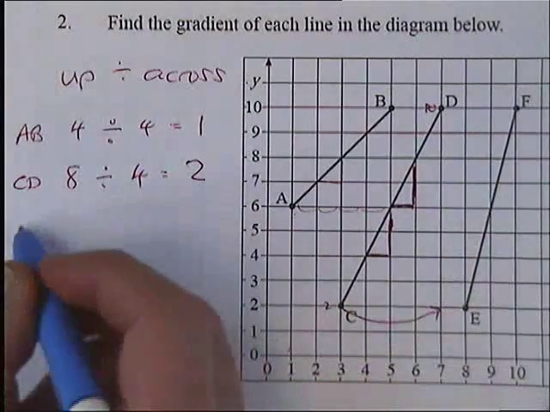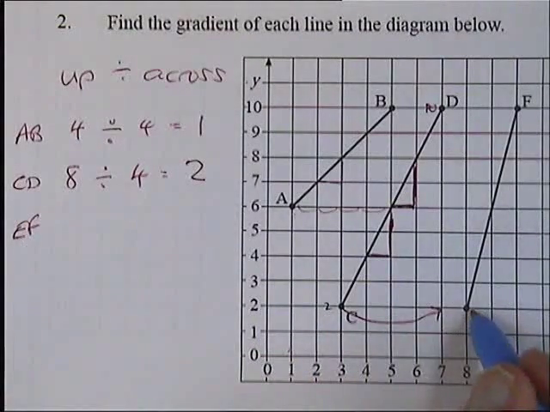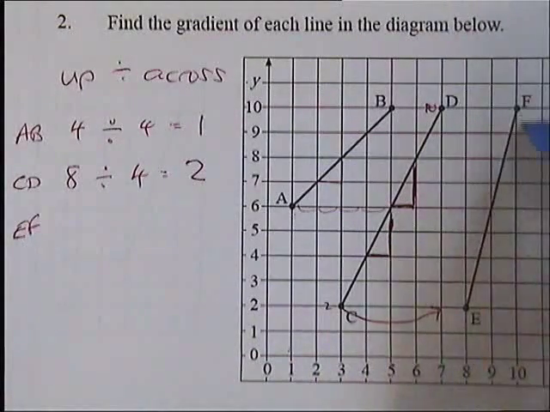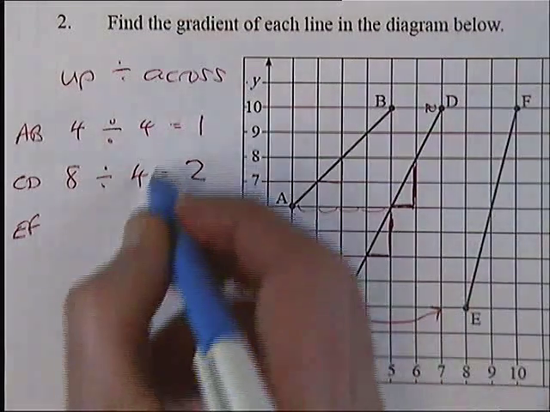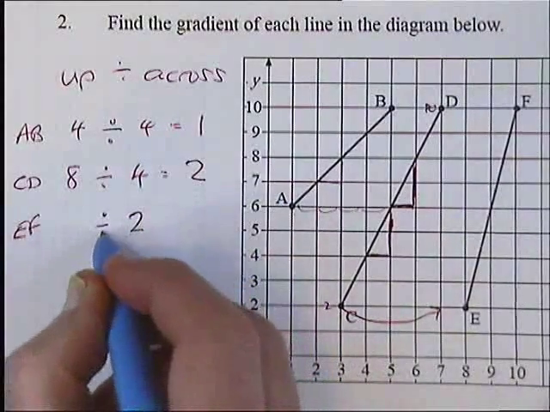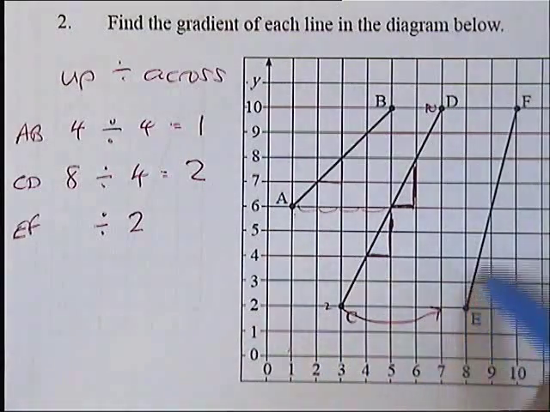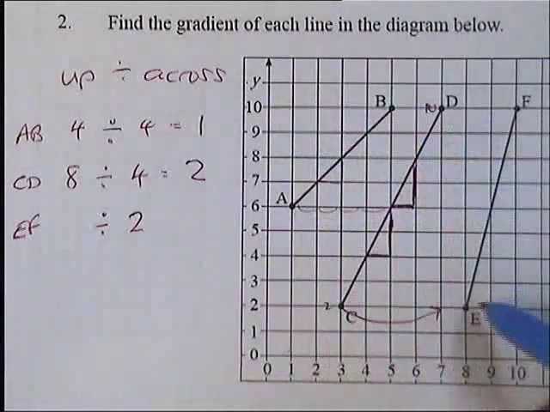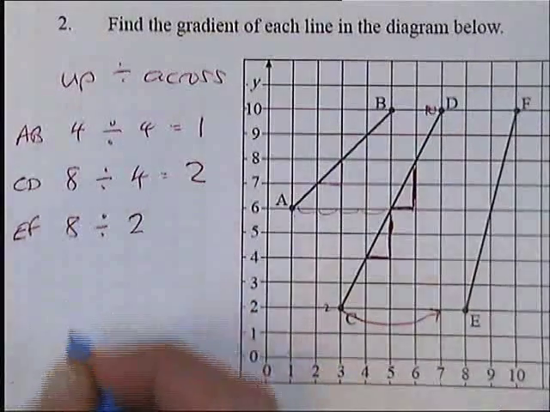Finally, the line joining E to F. The across number, well, we started above the 8, we finished above the 10. So the across number, I've done this one the other way around, haven't I? The across number there is 2, so that's the second number. The up number, well, E was level with 2, F was level with 10, so from 2 to 10, that's a distance of 8.